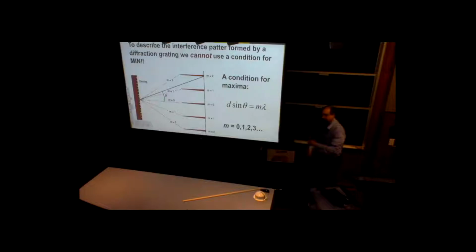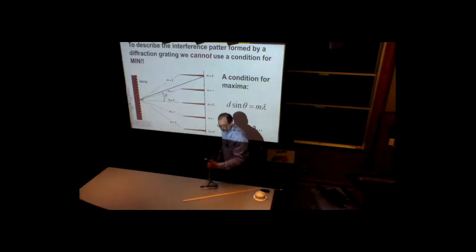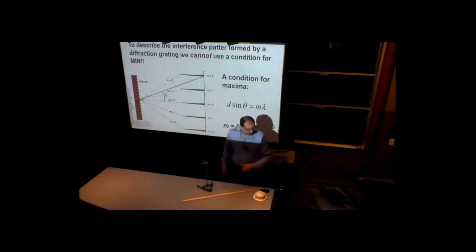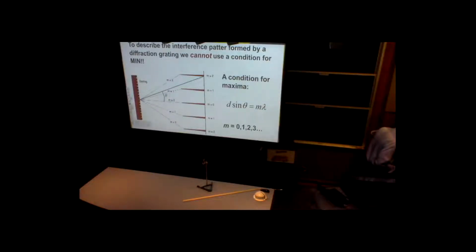So all I need is a diffraction grating, and if you look at it, you actually don't see any scratches, you don't see any slits. To us, it looks like a regular piece of glass. But if I shine a laser pointer at it, see?